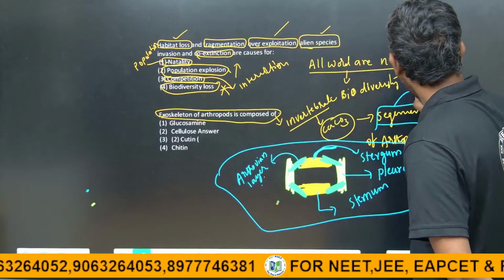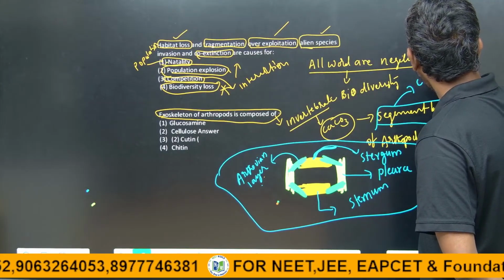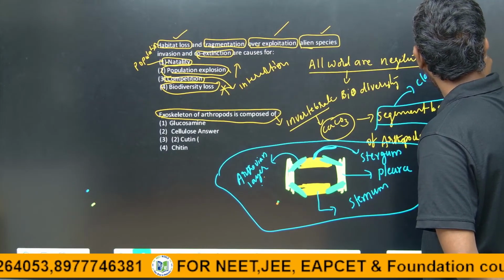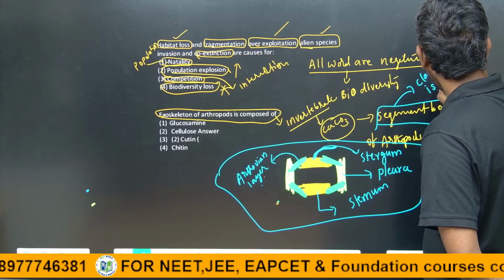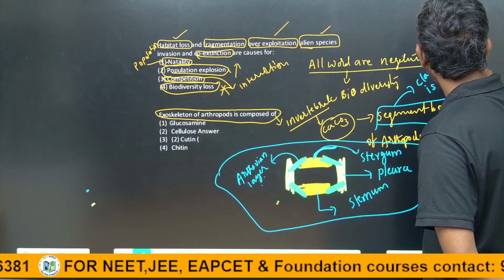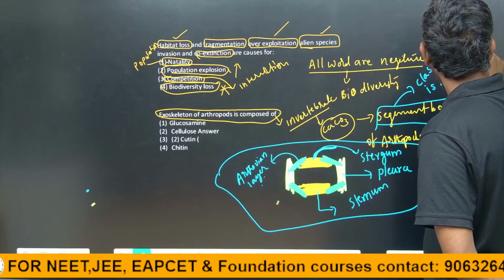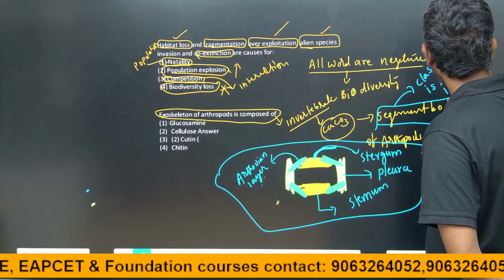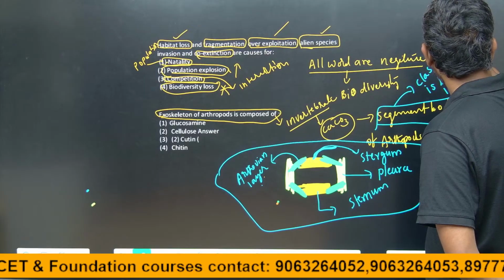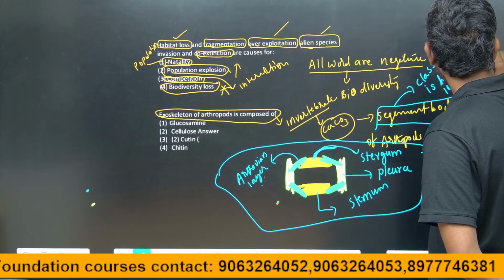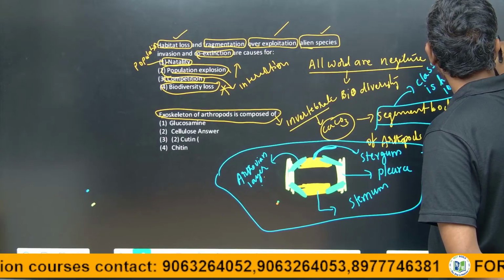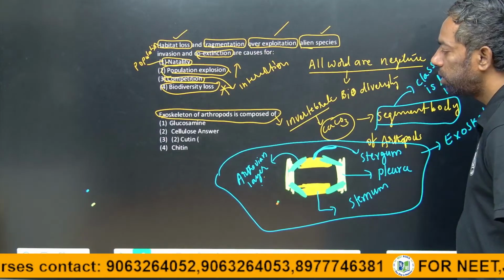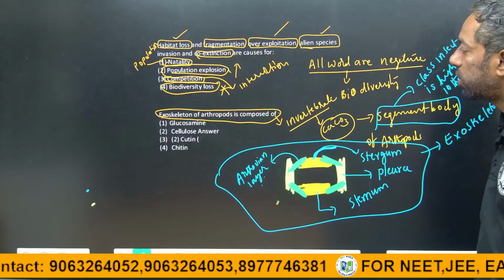Class Insecta is highly developed in the animal kingdom. Okay, this is what about the exoskeleton.